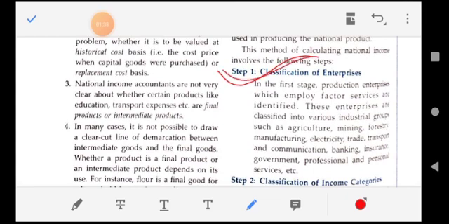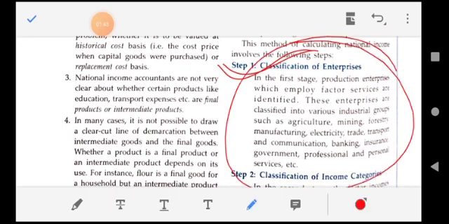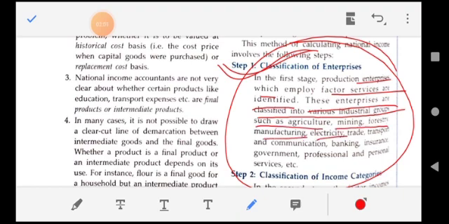First one is classification of enterprises. In this first stage, production enterprises which employ factor services are identified. These enterprises are classified into various industrial groups such as agricultural, mining, forestry, manufacturing, electricity, trade, transport and communication, banking, insurance, government, professional, and personal services.